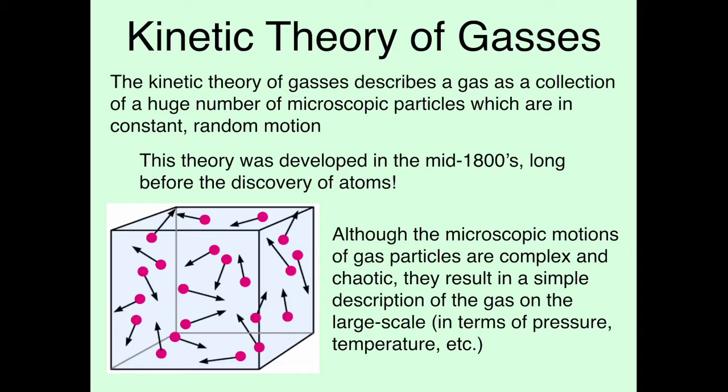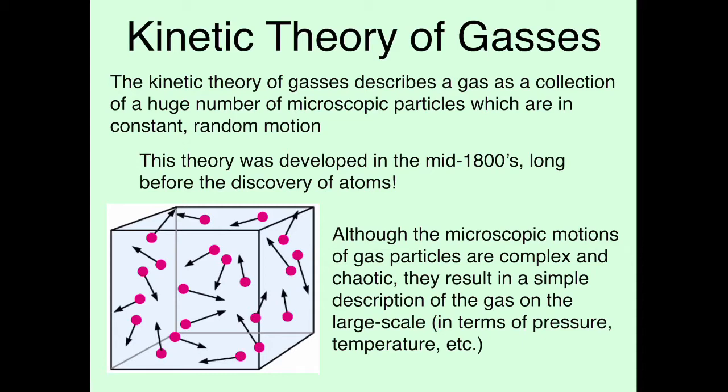So people took that idea that matter was made out of some kind of smallest part, and they ran with it and developed the kinetic theory. Again, if we think about the motion of these tiny little particles, it's very complicated and chaotic.